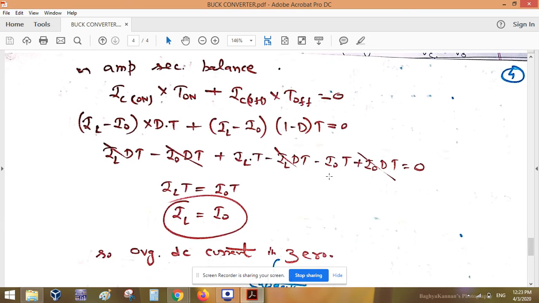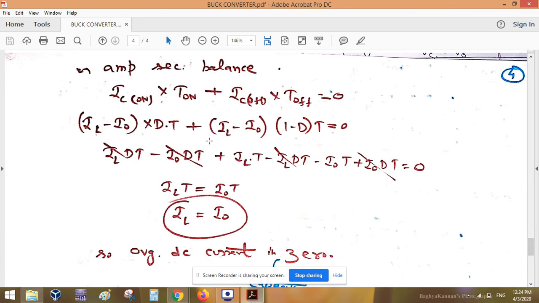Next, we have to prove that the average current through the capacitor is 0. For this purpose, we use the ampere second balance law: IC on multiplied by T on plus IC off multiplied by T off equals 0. Put all the values together from the above equations, and you will get that your load current equals IL.